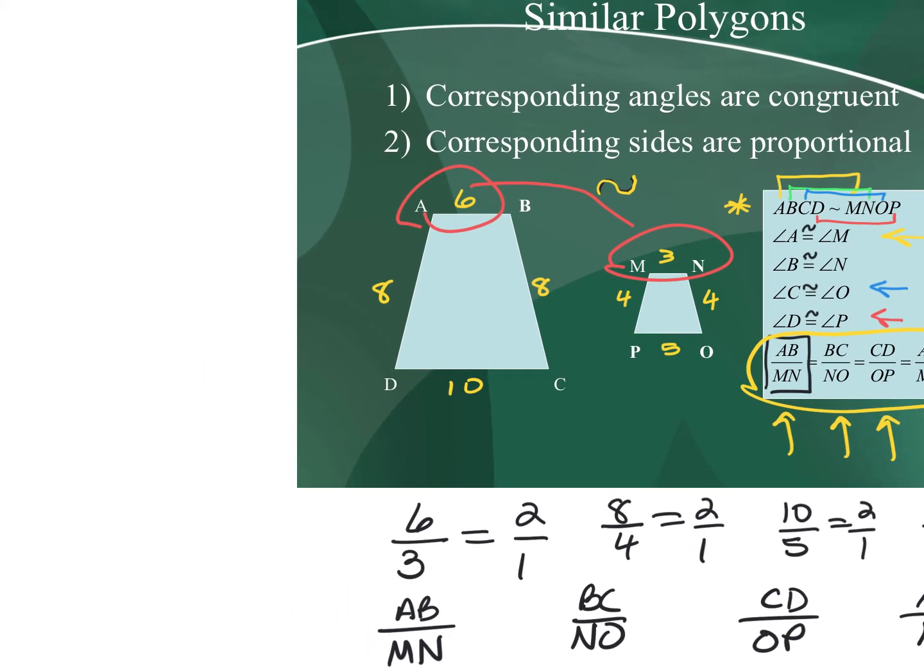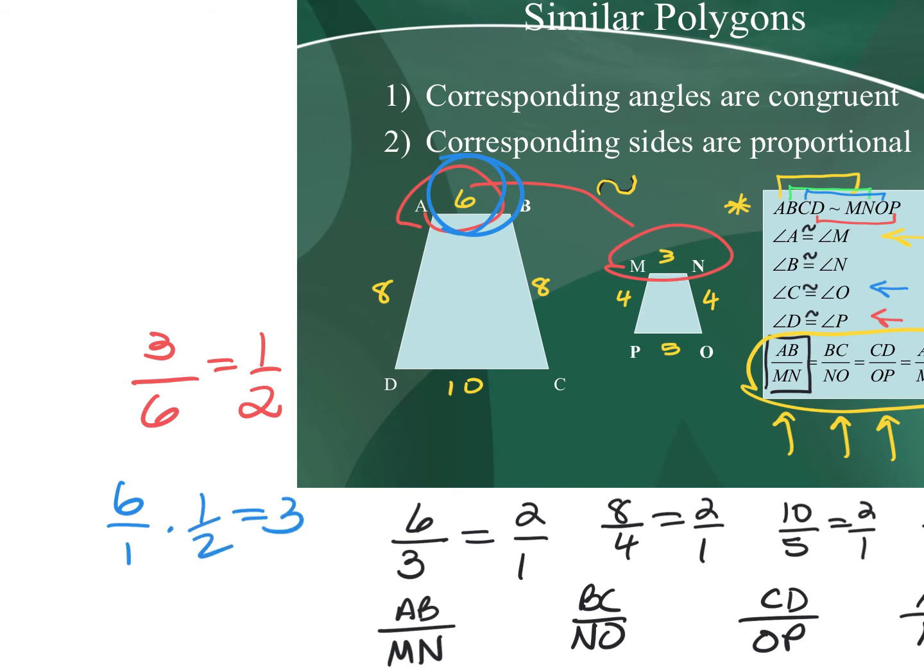So for the scale factor, you would have written it as 3/6, because what they did was they took this length of AB, which was 6, and they multiplied it by 1/2 to get 3, which was the new length here. But we're going to see this coming up. This would have been the scale factor.